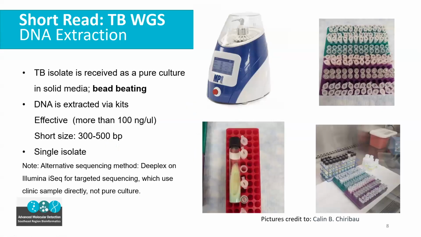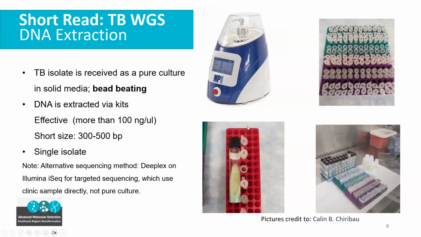So when we receive those samples, which will be pure culture as shown in the picture, we start with bead beating by using this instrument, Quick Prep, and extract DNA by using the Zymo Research kit. The required size for MiSeq, which we use for short-read sequencing, is around 300 to 500 bp.